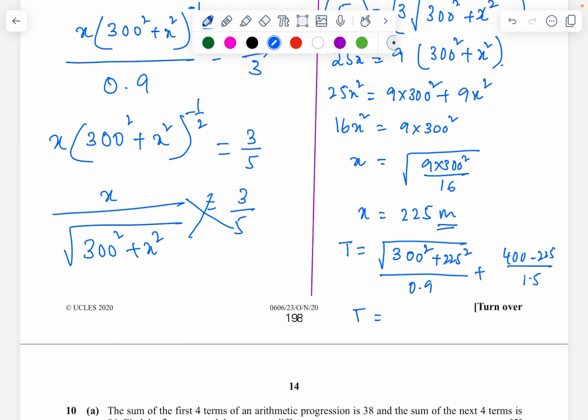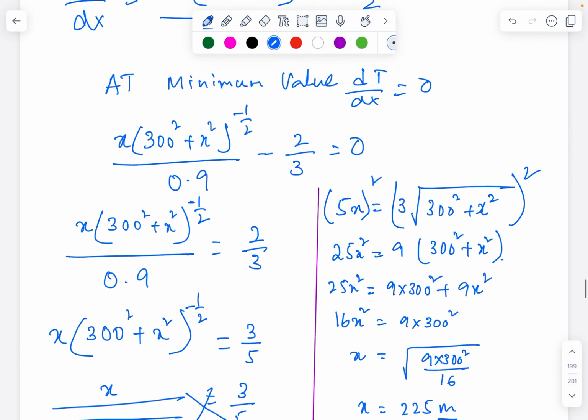Then our answer is going to be 533 seconds, or if you want to write it as an exact value, you can also write it as 1600 by 3. Both are okay. So this is our final answer for t.